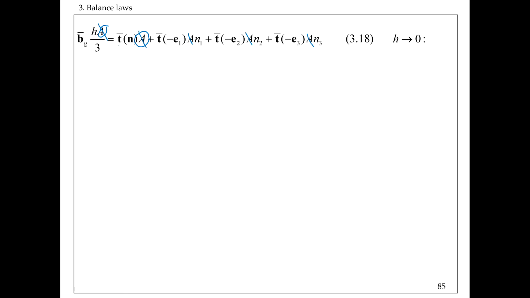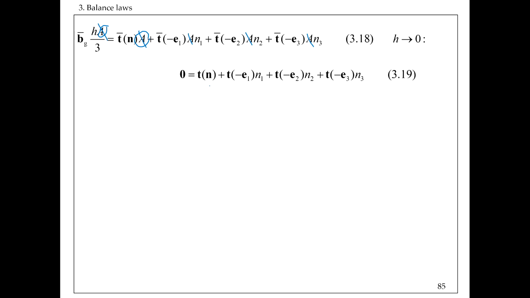However, the terms that came from the surface integration are not affected by that. So when we consider a very small tiny tetrahedron with the limit h going to 0, that will help us to eliminate this part. And then we can say that the sum of these forces that appear here will be 0 for a very small, tiny element.